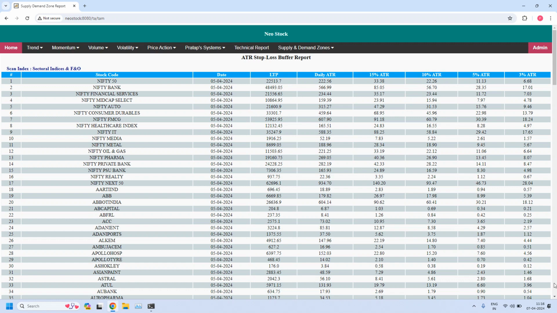Now let me scroll down this list. Before that, the first 17 in this list are indices, and the remaining are all equity stocks listed in the F&O segment. So let me scroll down, but if you want to refer to any of these parameters, you can just pause the video.